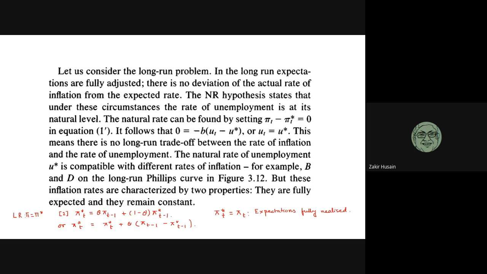This is the meaning of the long run equilibrium. They are fully expected. So that means in the long run, pi_t is equal to pi star_t. Whatever inflation rate is there, it is expected, anticipated by the people.